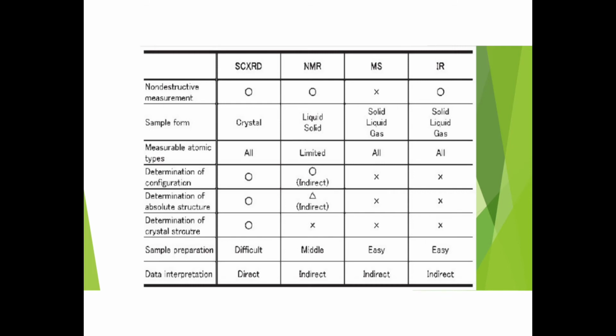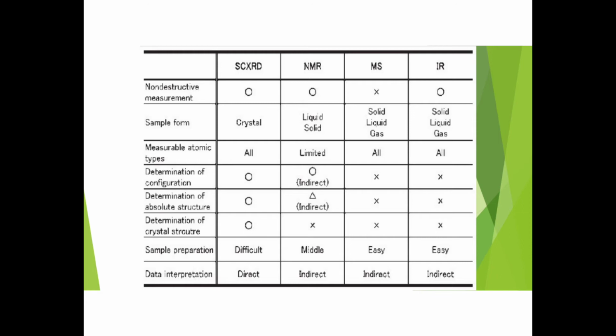Here is the table that gives the comparison between the four techniques used to elucidate the structure of molecules. These four techniques are single crystal X-ray diffraction, nuclear magnetic resonance, mass spectrometry, and infrared spectroscopy.